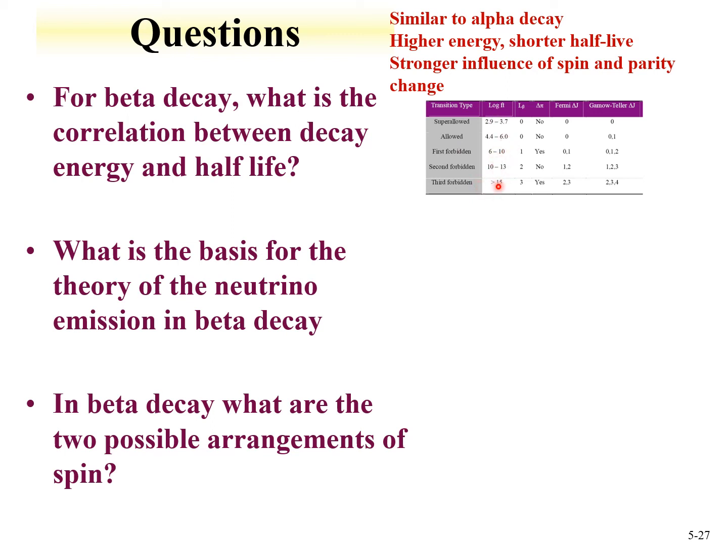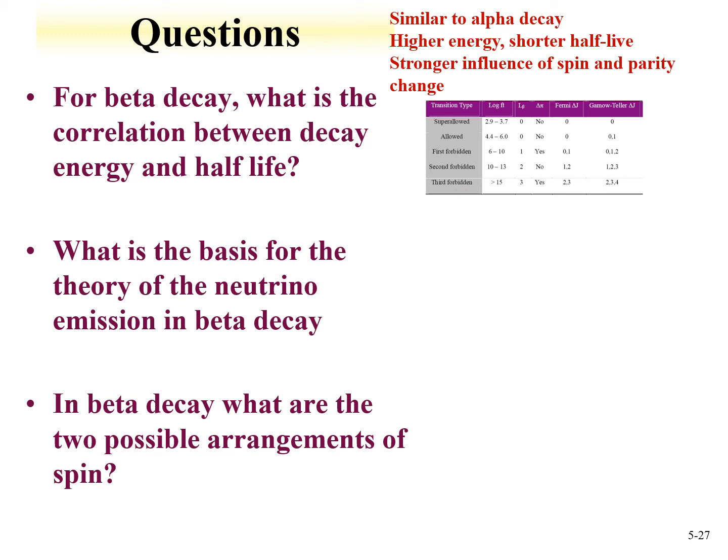The higher the logft value, the more forbidden the transition is. Again, the larger the spin changes, you tend to have more forbidden transitions. And transitions that incur a parity change tend to be forbidden, and they're odd forbidden, so first and third, and if we had fifth, etc.